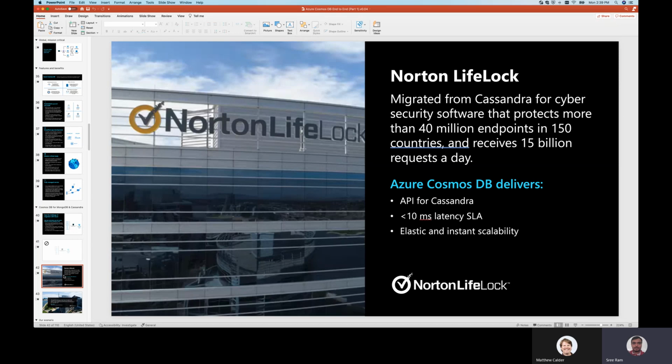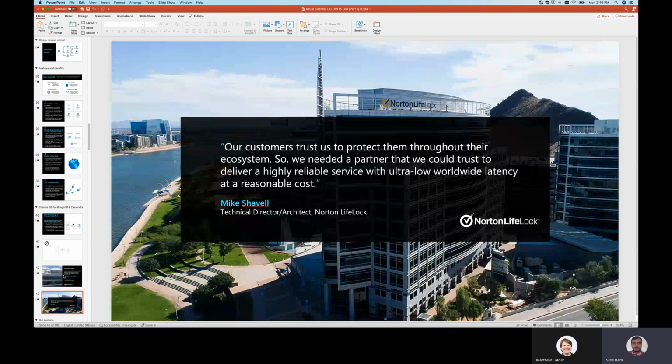And the column family database is lifted and shifted into the cloud into Cosmos DB Cassandra API, and they get a similar experience right out of Cosmos. So this is a success story of migration from Cassandra on-prem to Cassandra API in Cosmos.